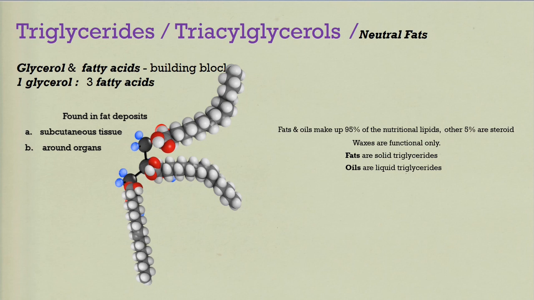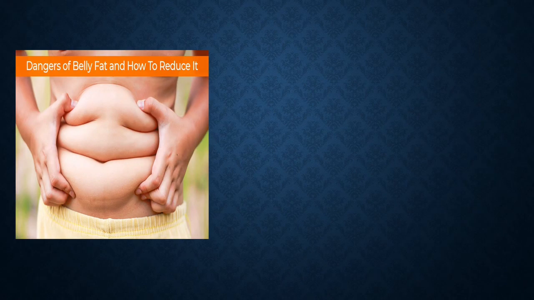This can be found in the subcutaneous tissue of the body and even around the organs. Normal triglyceride is good, but an excess of that will lead to a lipid overdeposition, such as this.